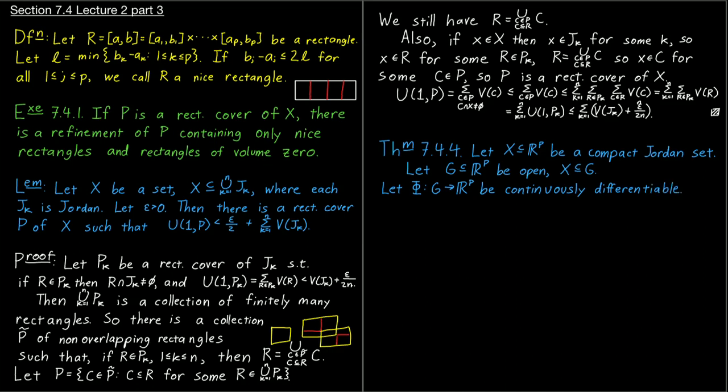And we're going to suppose furthermore that phi is 1-to-1. Maybe not everywhere in G, not even everywhere in X, but on the interior of X.